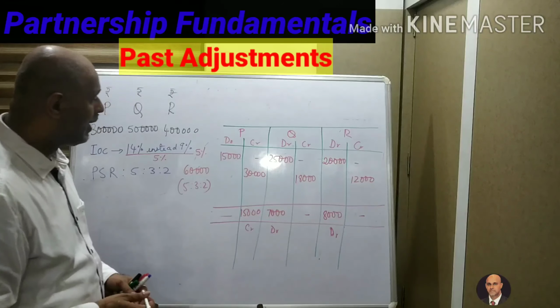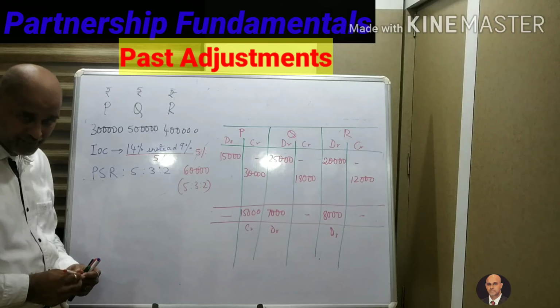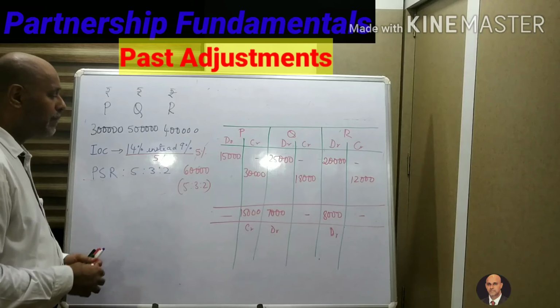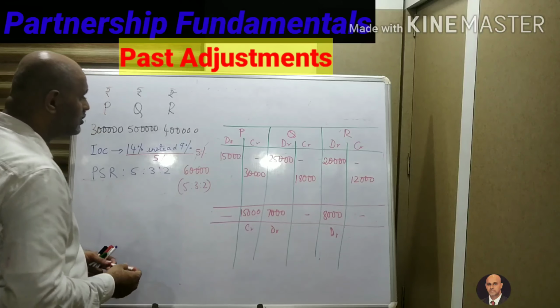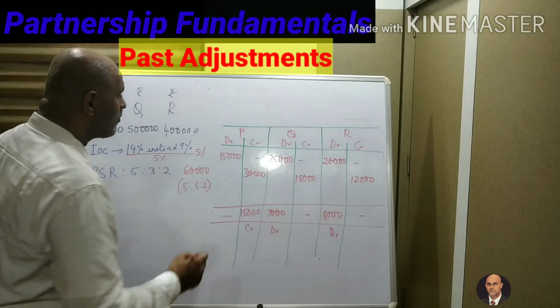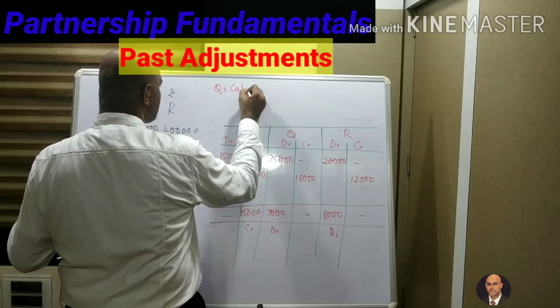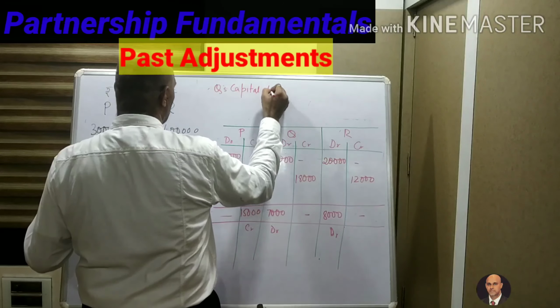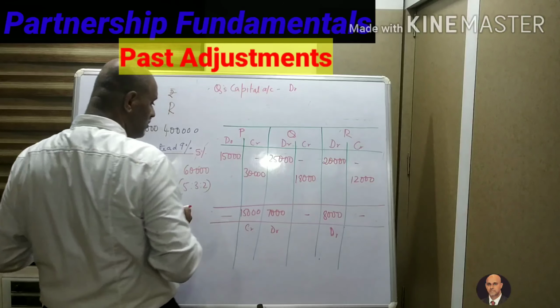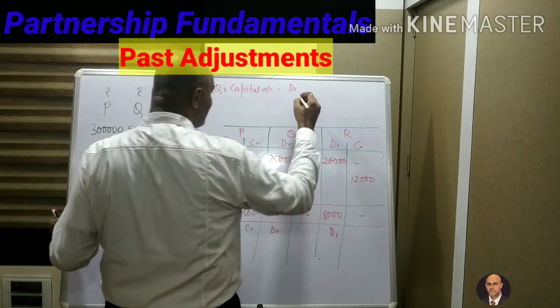Okay, so now I pass the journal entry, the adjusting entry for this, and when I pass the adjusting entry, this should be the effect. Q's capital account debit, how much? 7,000.